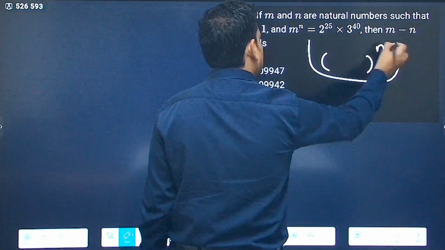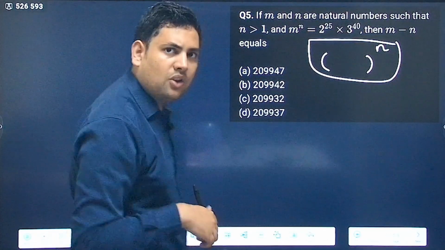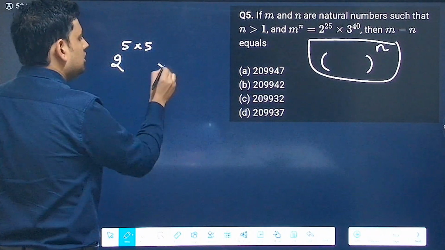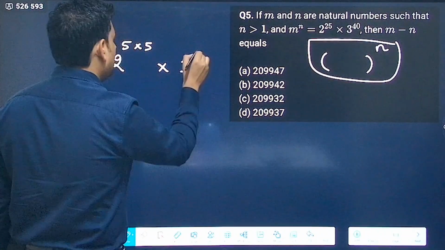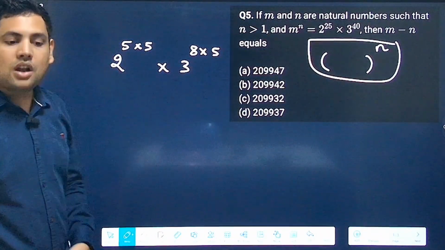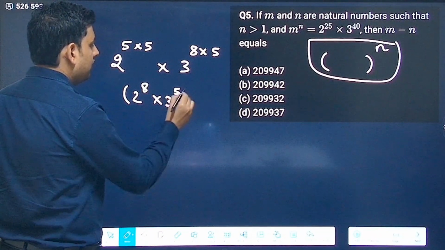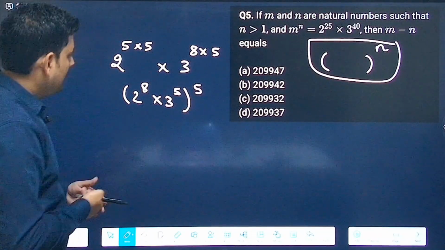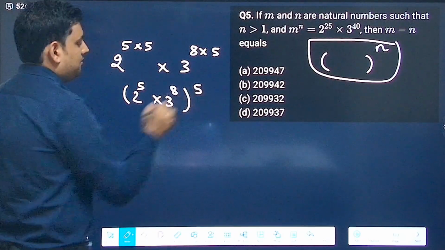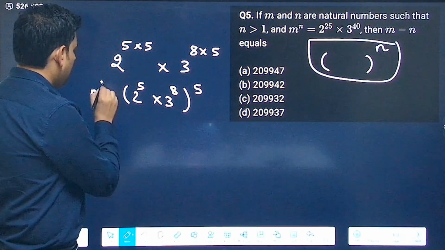If I want this form, do I have anything in common here? So I write this is actually 2 power 5 into 5 into 3 power 8 into 5. Can you feel that power 5 is common to both of them? So I can write it like this, 2 power 8 into 3 power 5 power 5. Sorry, opposite. 2 power 5 into 3 power 8, all power 5. So this is m power n form.